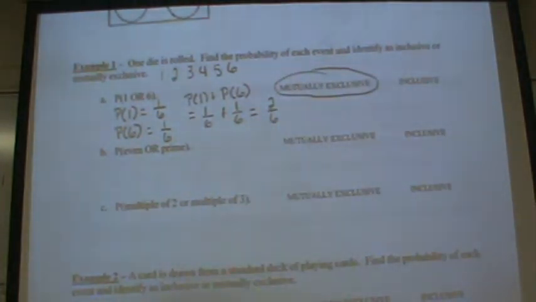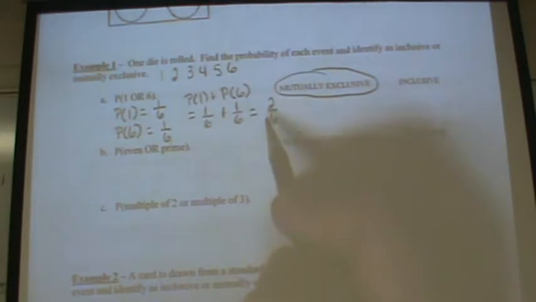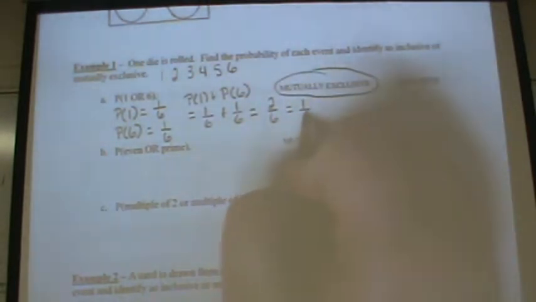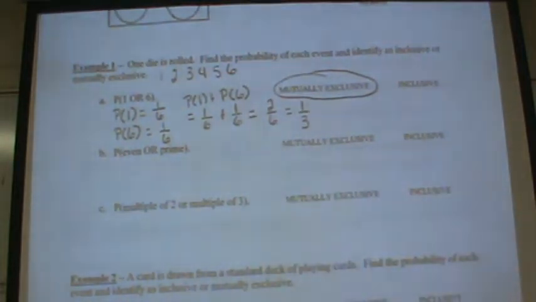So that's going to equal 2/6. And we need to reduce this fraction, so we're going to get 1/3. So you have a 1/3 chance of rolling a 1 or rolling a 6.